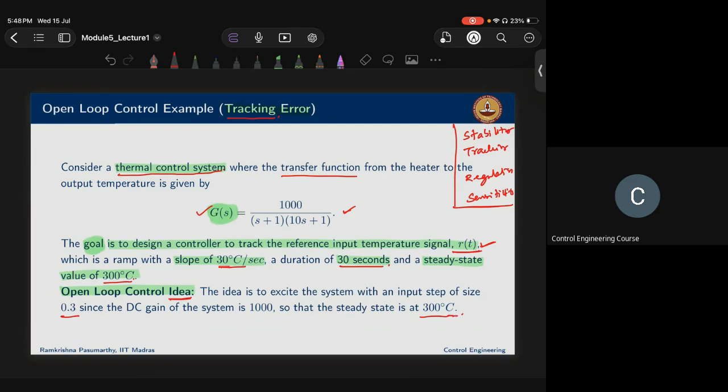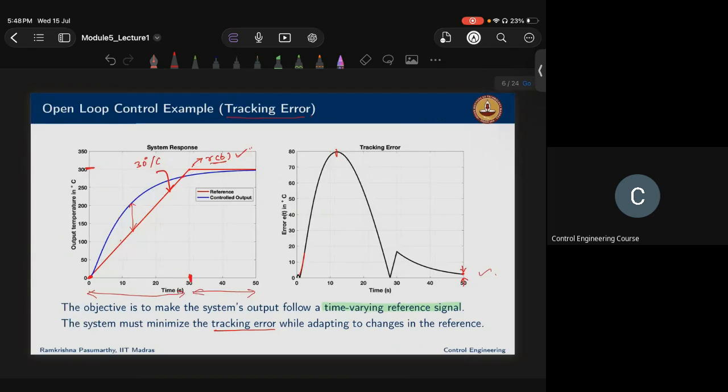Then you can plot this time response. You will get this blue curve, which is your y of t. At any point of time, this represents the error between the reference r of t and y of t.